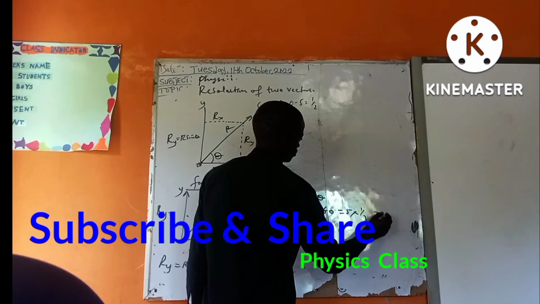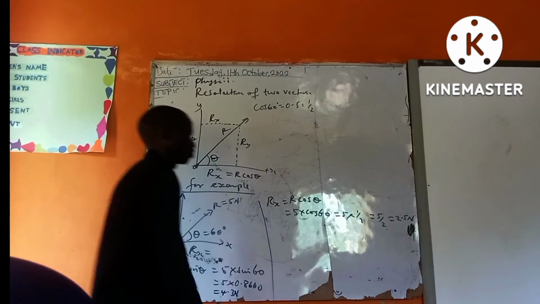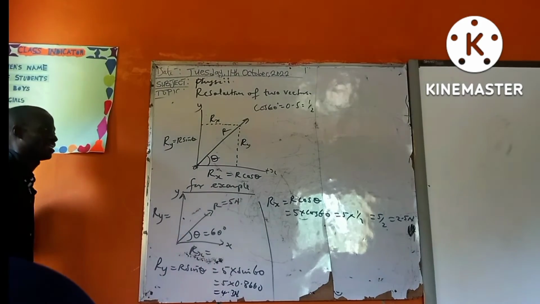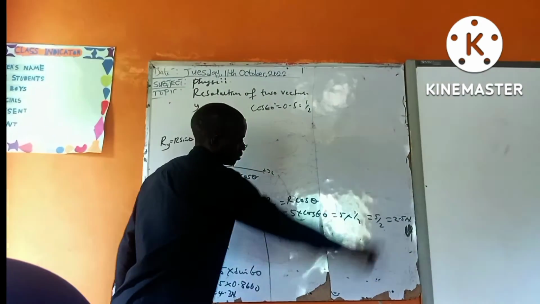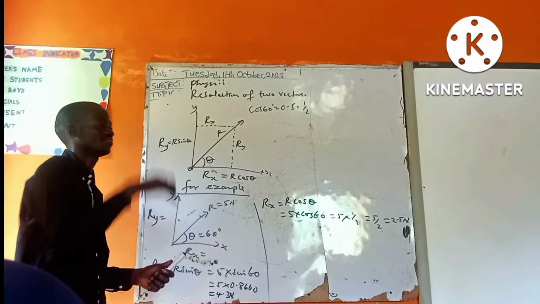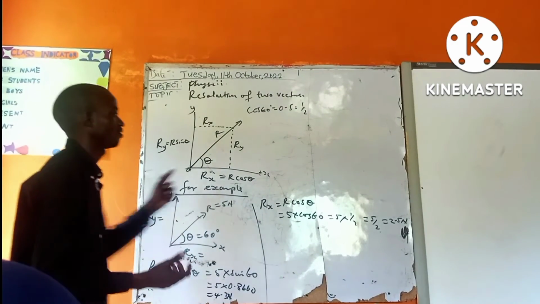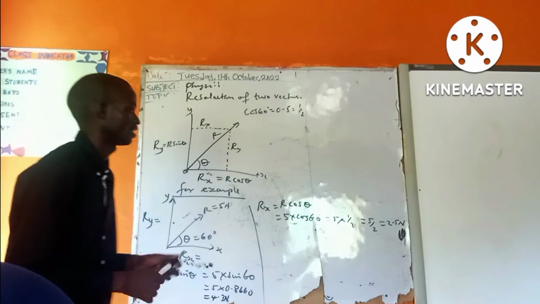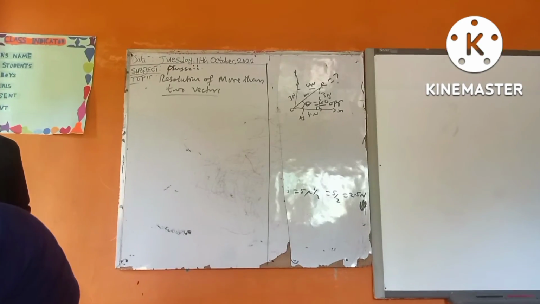So 5 times 1 over 2 is 2.5 Newton. So the horizontal component along the x-axis is 2.5 Newton, which determines the effective value along the horizontal x-axis. This is the result for two vectors.